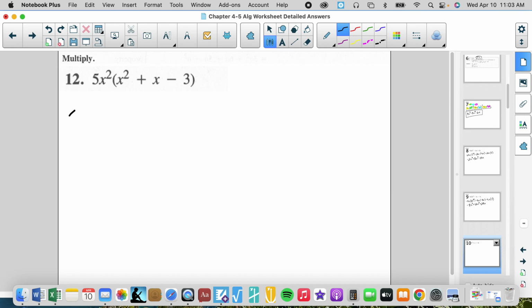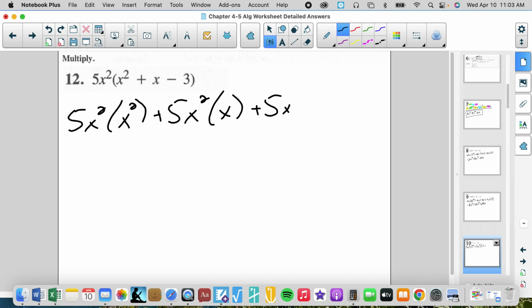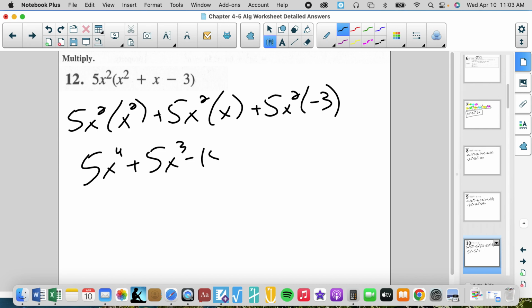You do enough of these, it becomes rote, meaning we can just go through and see the pattern in the similarities between these. 5x squared times x squared is 5x to the fourth. 5x squared times x is 5x to the third. 5x squared times negative 3 is negative 15x squared.